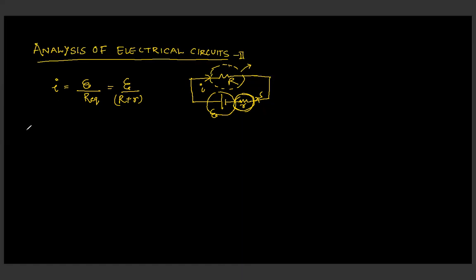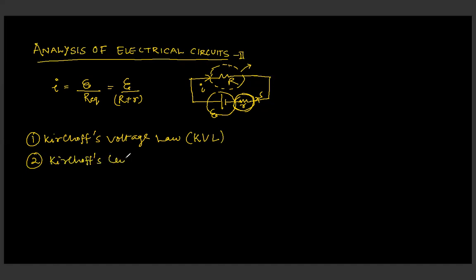The most well-known methods we are going to adopt are Kirchhoff's voltage law, widely known as KVL, and the second one, Kirchhoff's current law, commonly known as KCL. One law is based on charge conservation and the other on energy conservation.